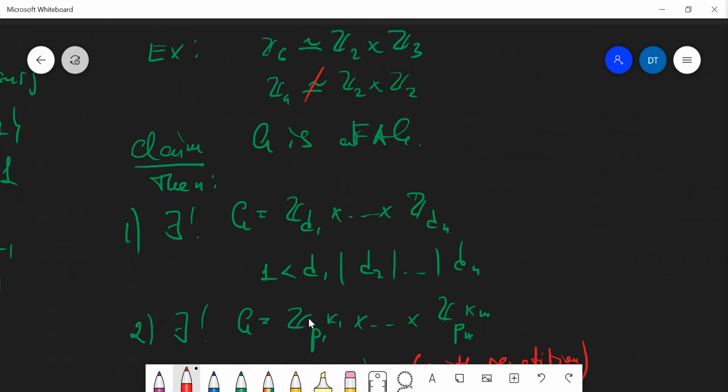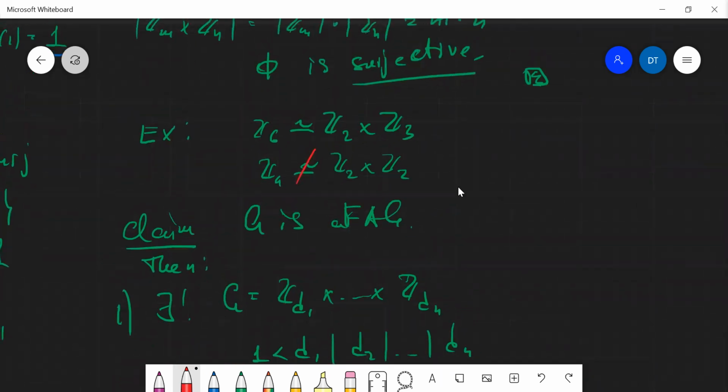So this is Z of order 2 squared, just one factor of this form, and here you have two factors of this form. You see these two are different. They are of this form, but they are different, so they must not be isomorphic.